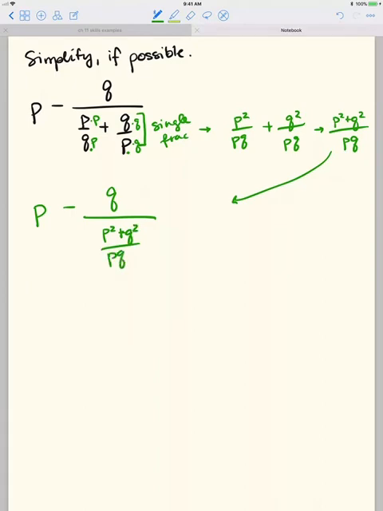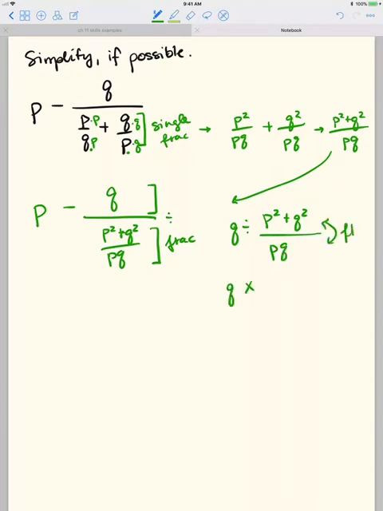Okay, so now that we have a value divided by a single fraction, I can look at that as q divided by p squared plus q squared over pq, and I can make that q times, and then I can invert and flip, do the reciprocal of pq over p squared plus q squared.